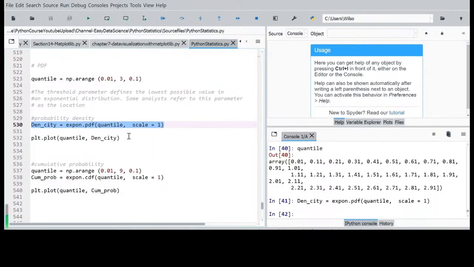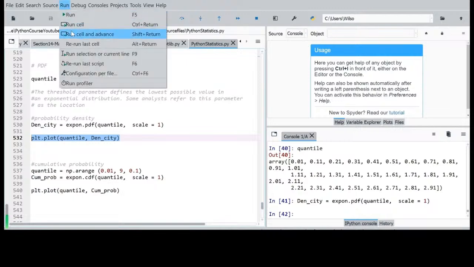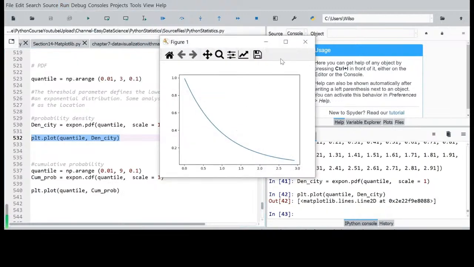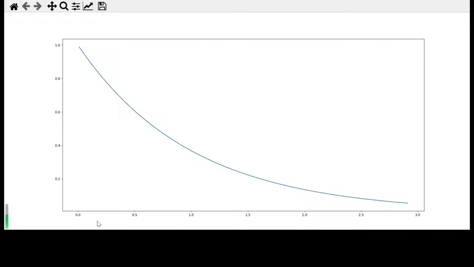Just to learn this function, we plot the density function of these 30 values. This is the exponential density function with beta equals 1.